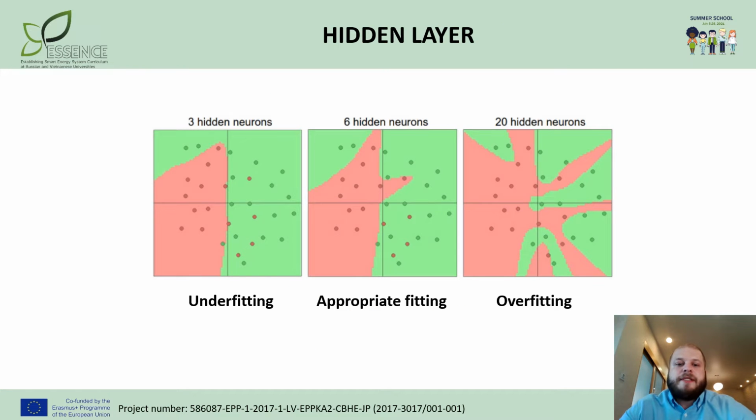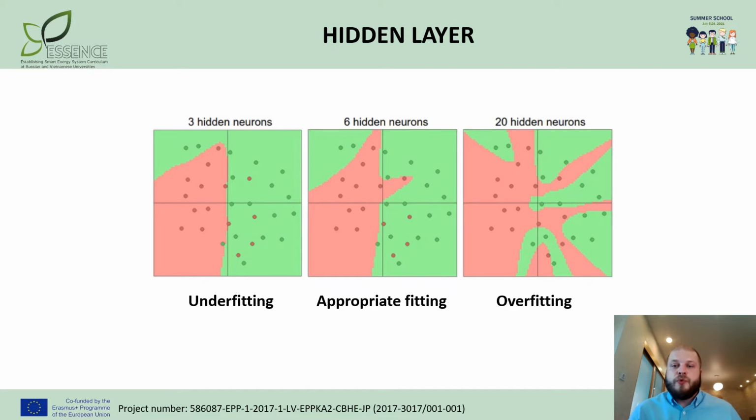Well, now let me demonstrate to you a very simple example covering the issue of artificial neural network overfitting. As you know, overfitting corresponds to a model which is too complex, so this model covers noisy data and demonstrates low generalizing capability of the artificial neural network.